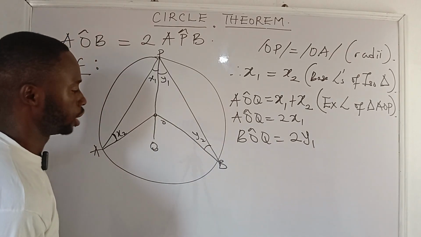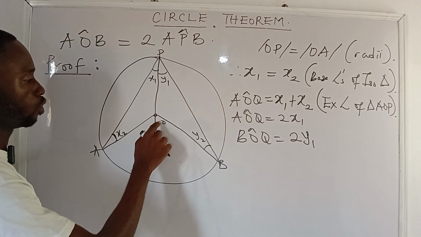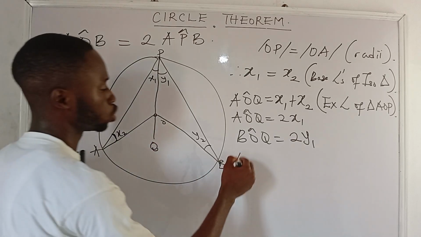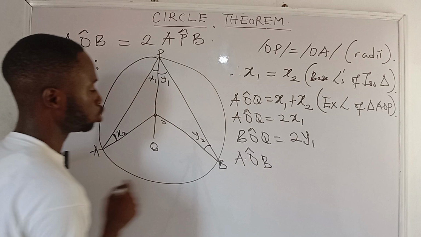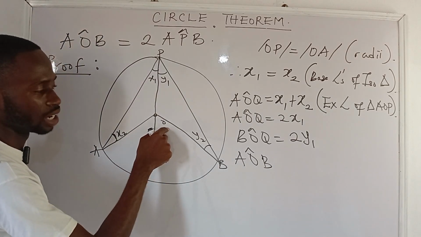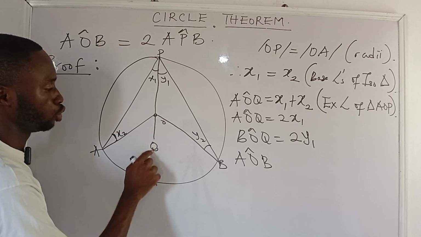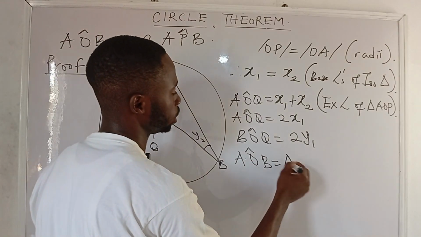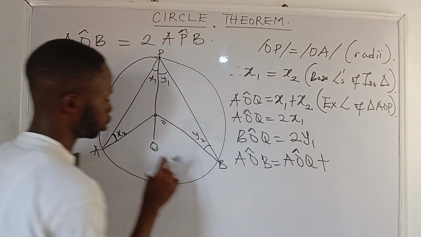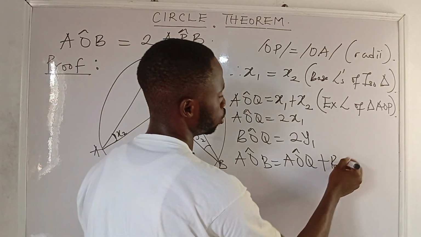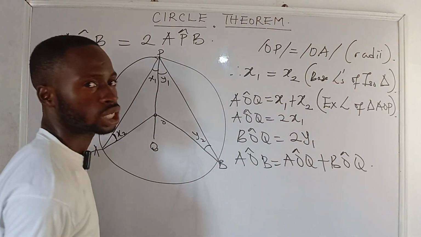Then moving on from there, let's assume we want to calculate AOB, that is this total angle at the center here. To do that, we need to know these two angles, then sum them together. This one is AOQ, and this place is BOQ. So we are adding AOQ plus BOQ.